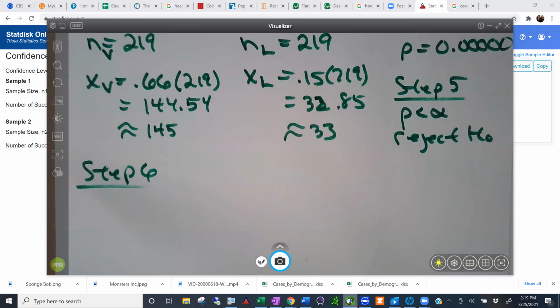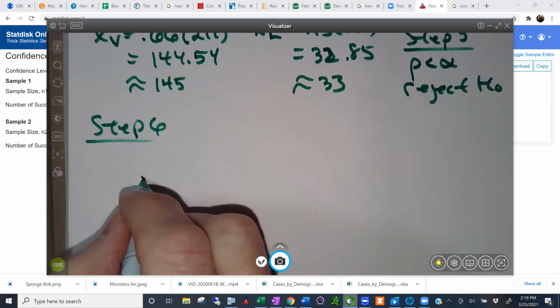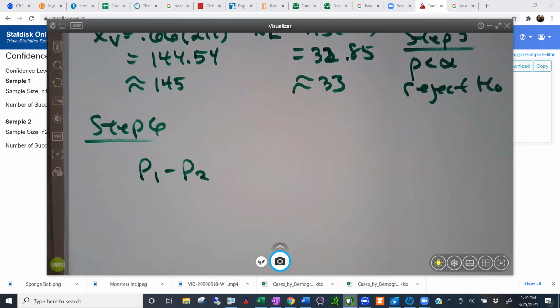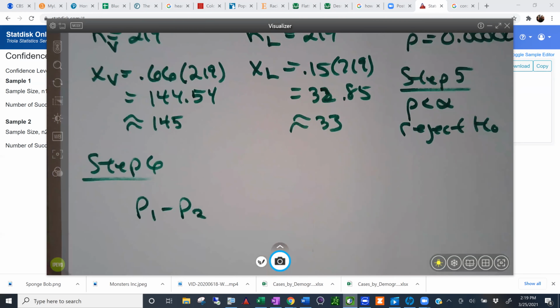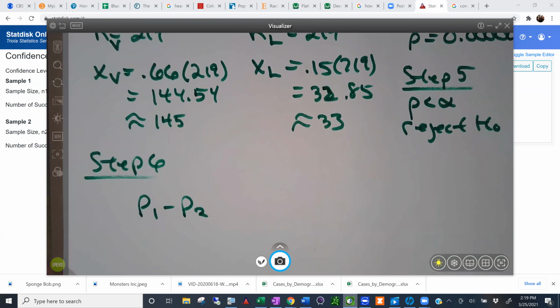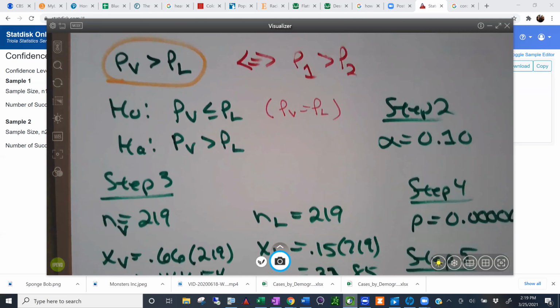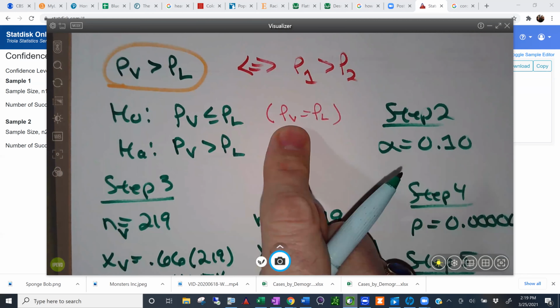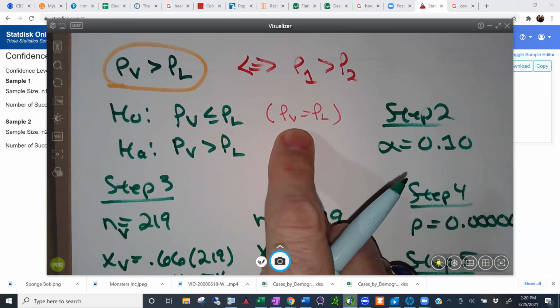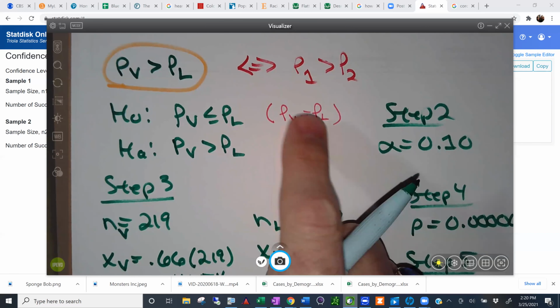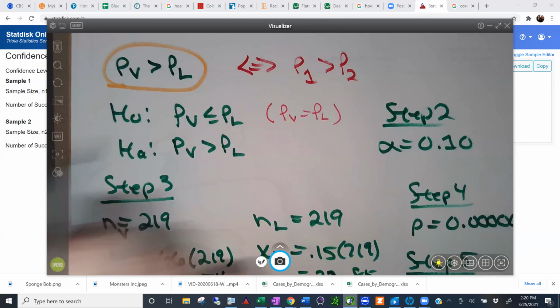Let's take a look at this. P1 minus P2. Now, when we do our confidence intervals and other calculations, a lot of times it's based on whether or not the null hypothesis is true. And the null hypothesis, the most basic form is that these two things are equal to each other, or that P1 equals P2.